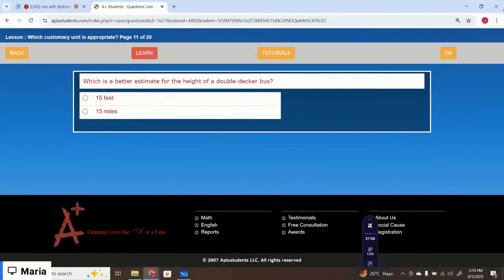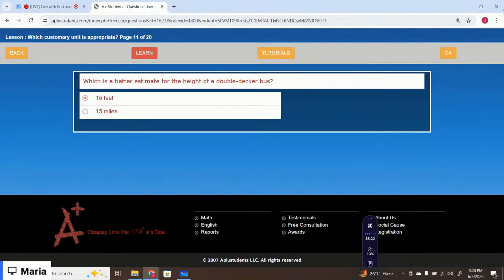Which is the better estimate for the height of a double decker bus? A double decker bus is 15 feet. Option number one is the correct option.